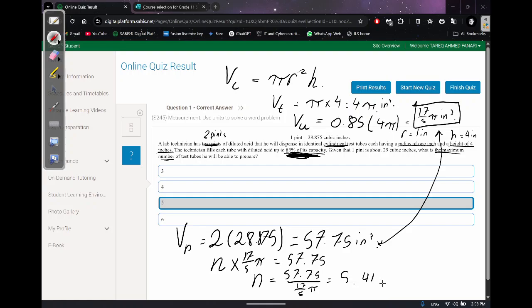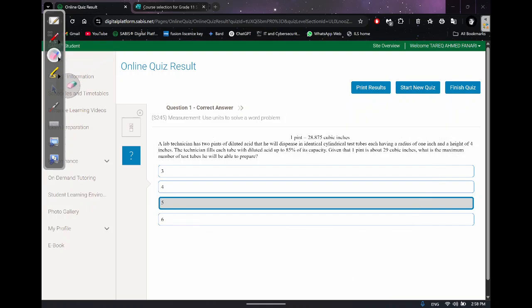That doesn't exist, because a cylinder is a whole thing. It's an integer. So we always round this down. You never round it up. Even if it's 5.99, you always round it down to 5 test tubes. So 5 is our answer. Moving on.